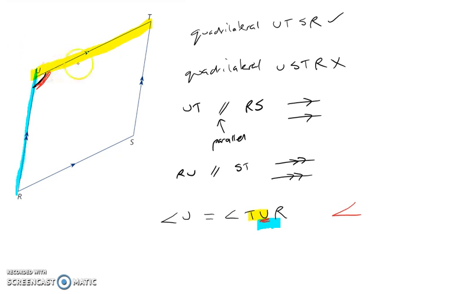Some people might say, well, why isn't TUR this angle? Well, if you wanted to include that angle, you would need to label it reflex angle TUR. So that's just another thing to be aware of, that you're always implying that you're looking at the smaller angle unless you say a reflex angle for the larger ones. And that's it.